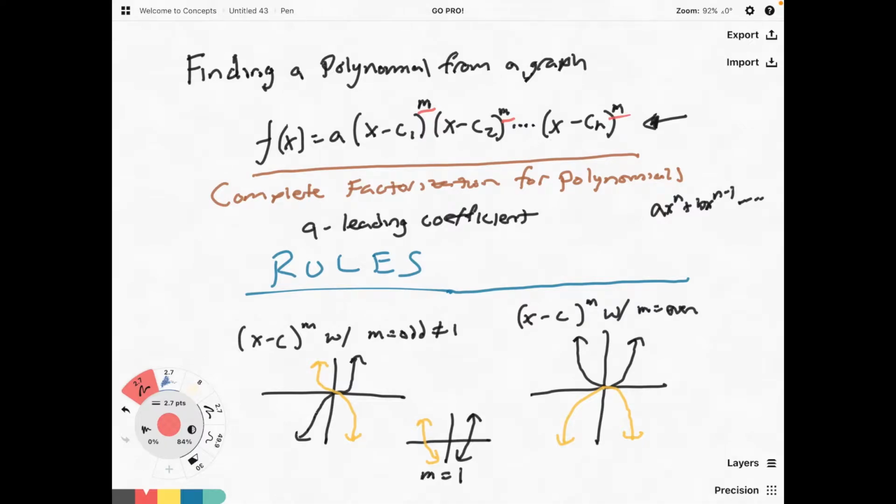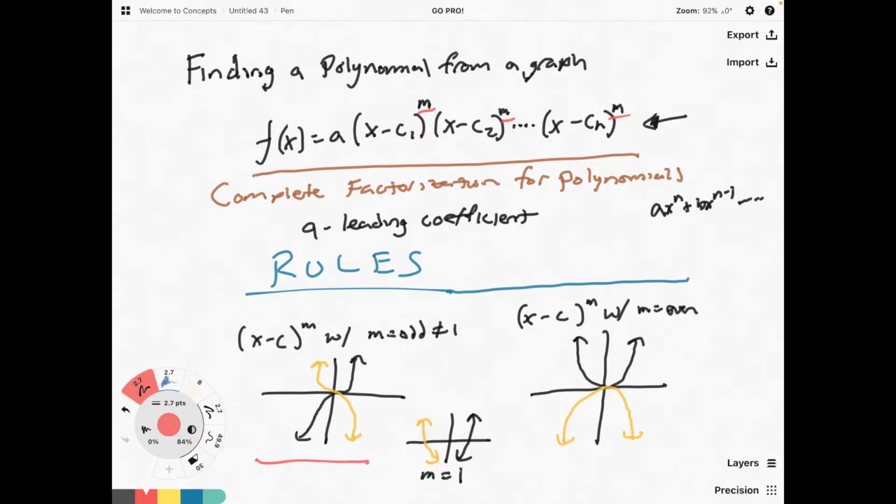There are three general rules or patterns that can be said when trying to identify the multiplicity. So in the first rule we have here, if you have x to an odd power that is not equal to 1, you'll get a graph that resembles this shape. And so that says that if it's odd, the sign will change as x increases and it will cross the x-axis.